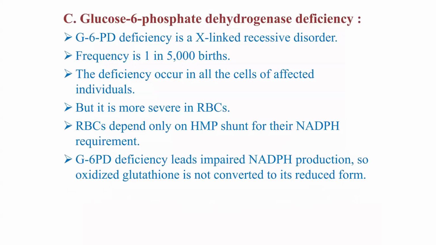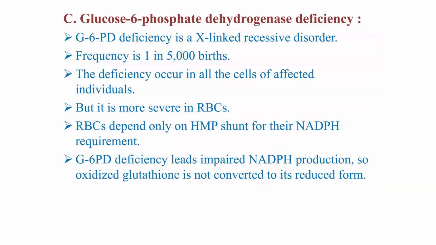It means that in 5,000 births, there is a likelihood that one child will have glucose 6-phosphate dehydrogenase deficiency. This deficiency occurs in all the cells of the affected individual, but it is more severe in red blood cells, because red blood cells depend only on the hexose monophosphate shunt for their NADPH requirement.